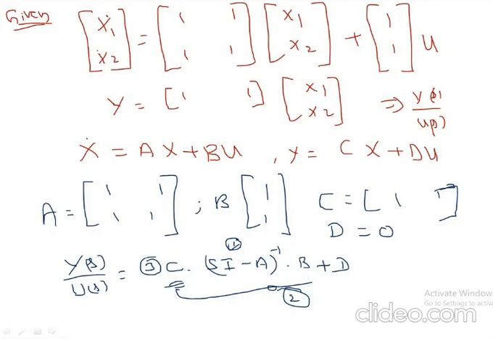Here, what is the identity matrix? [1 0; 0 1].